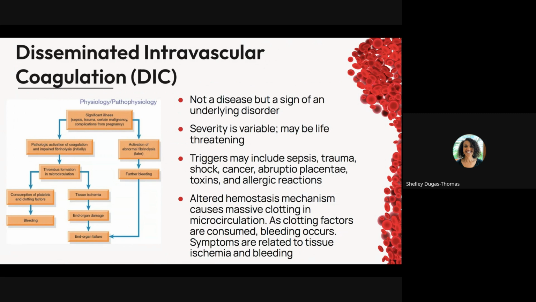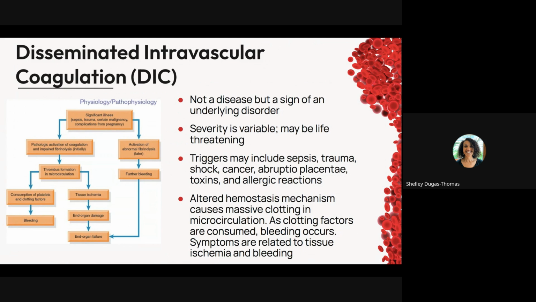The pathophysiology is usually there's an underlying disease trigger that leads to widespread inflammation, and that activates coagulation. The normal anticoagulation pathway fails, and then this leads to initial clotting, then depletion of platelets and clotting factors, which leads to bleeding.